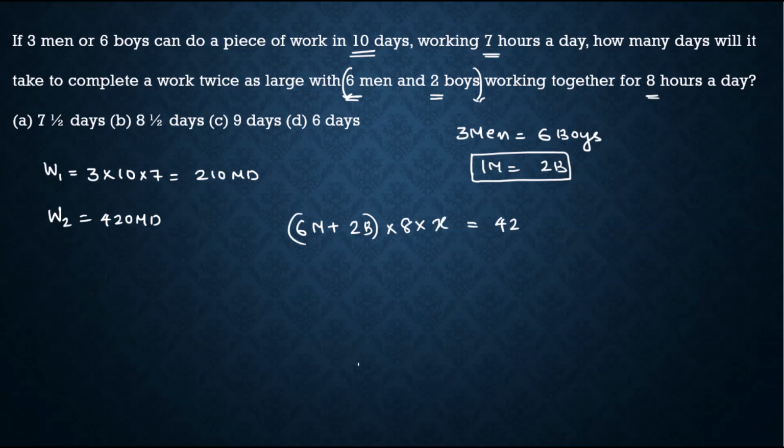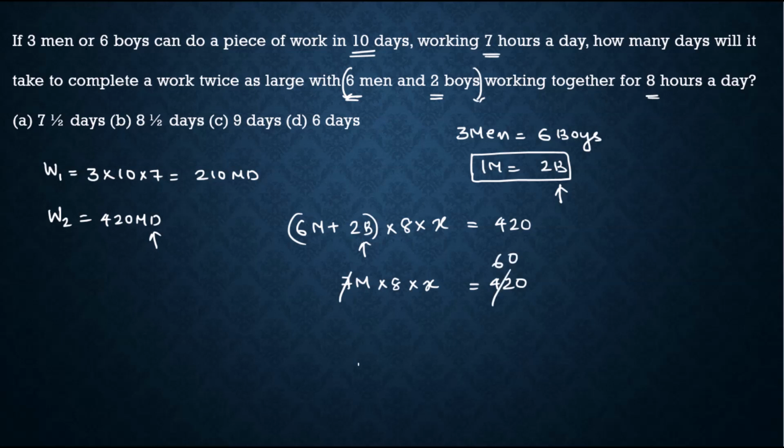How many days are required to finish a work equal to 420 man days? Since we expressed our terms in man days, we have to replace the work done by boys with men. We know that 2 boys equal 1 man. So we can write 6 men plus 2 boys equals 7 men into 8 into x, equal to 420.